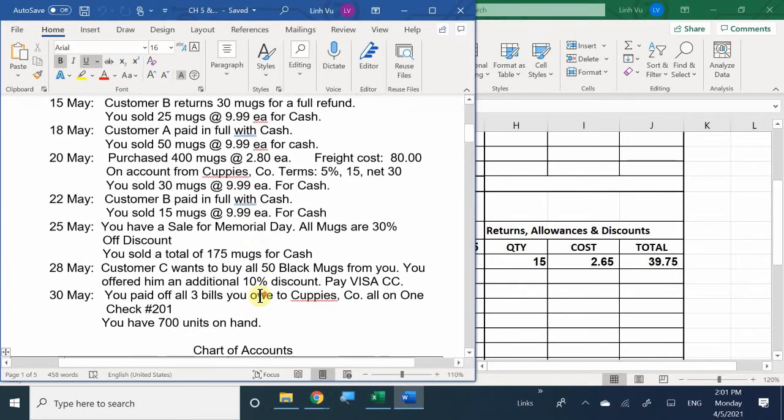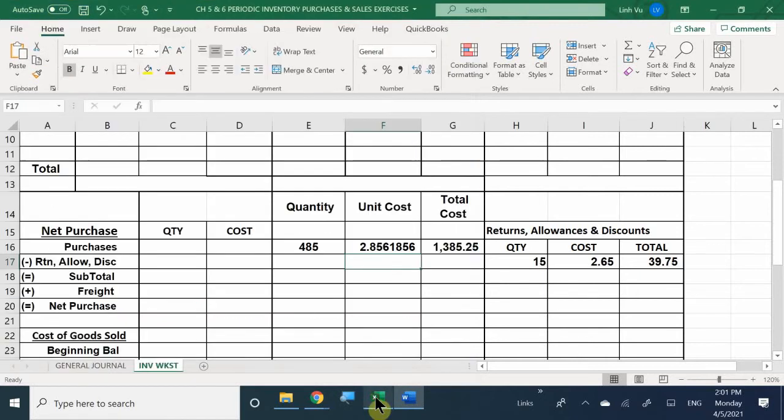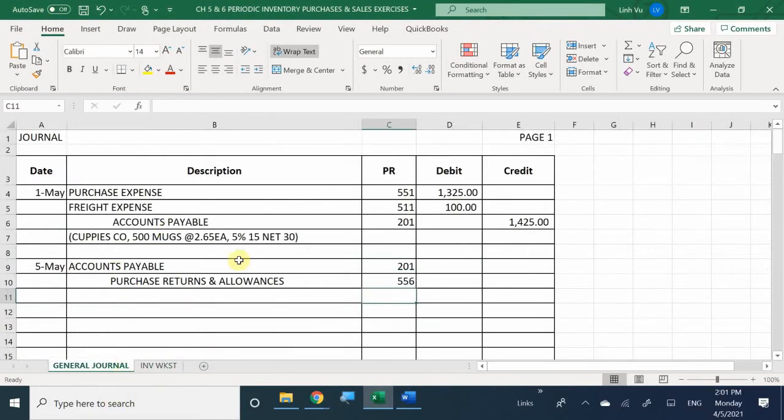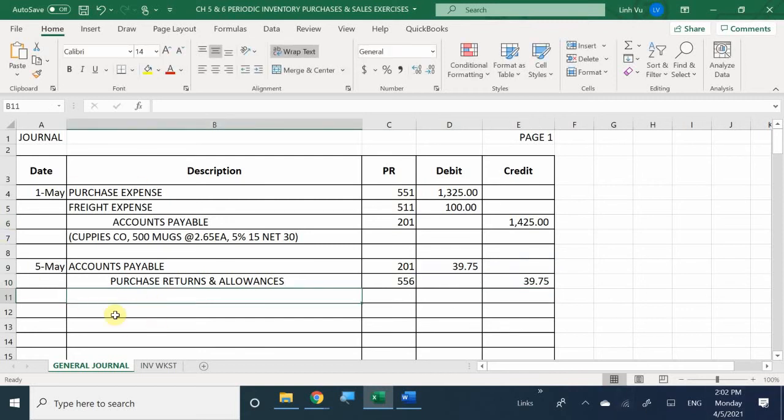So then what has happened next? Oh, actually, let's finish up our journal. We didn't put in our amounts, which is 39.75. And of course, my note here is, you could write the same vendor, but in this case, we know who the vendor is.